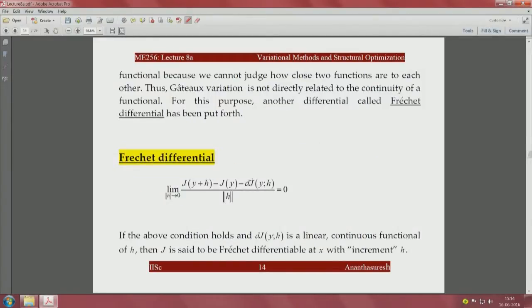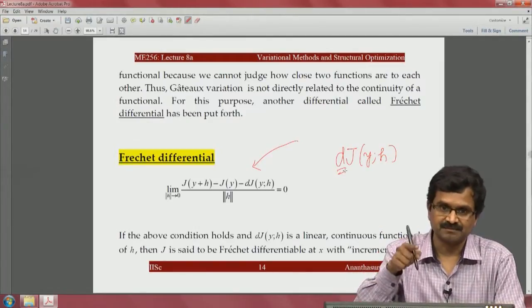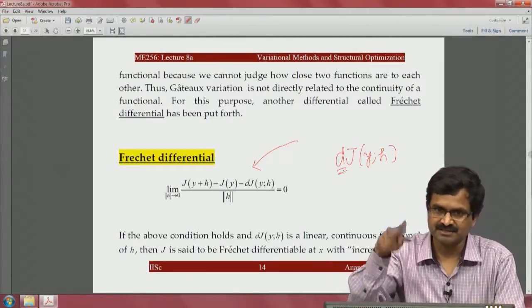And there is another concept called the Fréchet differential, which is, I would say, a little more advanced than the Gâteaux variation. If you look at this definition, and compare dJ(y, h) with the Gâteaux variation, where we had put delta, here it is just d.